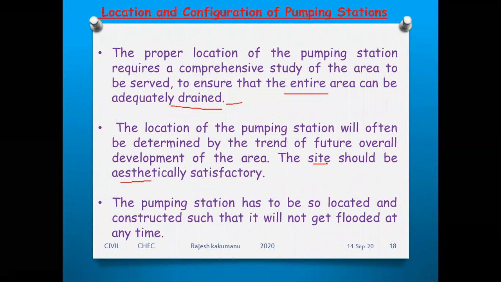Around the pumping station there may be a park, a small park or recreation area, a sit out area. So like this also you can design, whenever the location is free from other things. If you see some areas in Hyderabad or Bangalore, the pumping stations do not look like pumping stations as such.